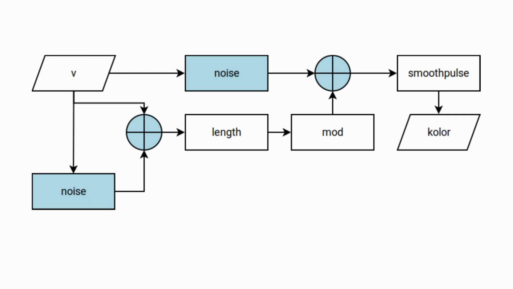So we'll use the noise function to disturb the position and the length of our vector v. So we will add the noise of v to v itself. So we will disturb its position, and we will add this noise of v to the length of v again.